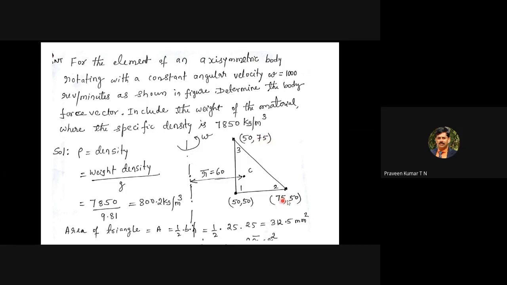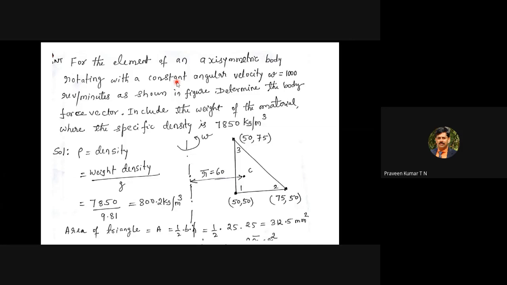The x value in the radial direction is 50 plus 50, that is 100, plus 75, that is 175. The 175 divided by 3 is your average radius. From the average radius we get around 60. Then the density is given, and the average radius is 60.